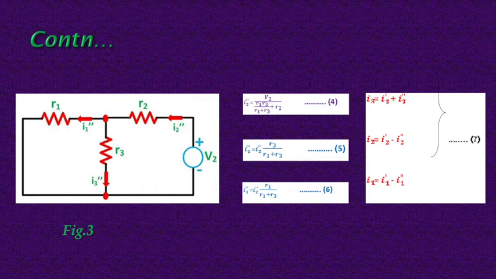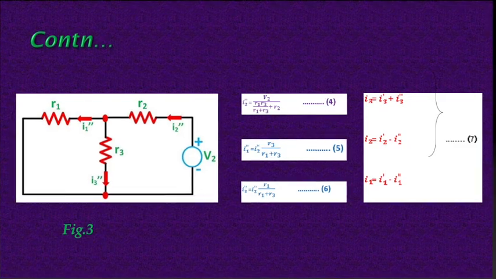As per the superposition theorem, the values of currents I1, I2 and I3 are now calculated. I3 equals I3 dash plus I3 double dash, I2 equals I2 dash minus I2 double dash, and I1 equals I1 dash minus I1 double dash.